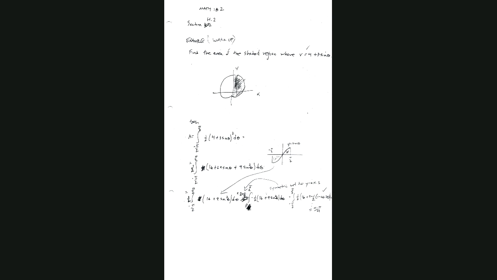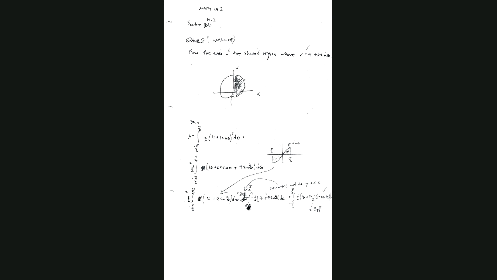The identity for the sine squared of theta is 1/2 times 1 minus cosine of 2 theta.